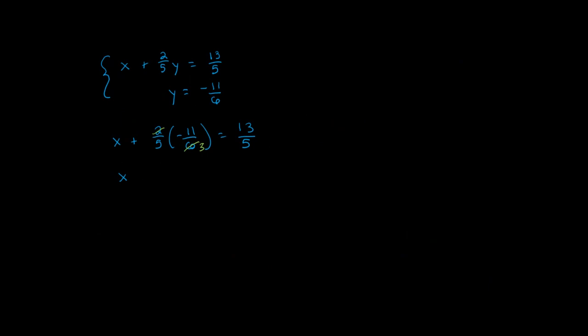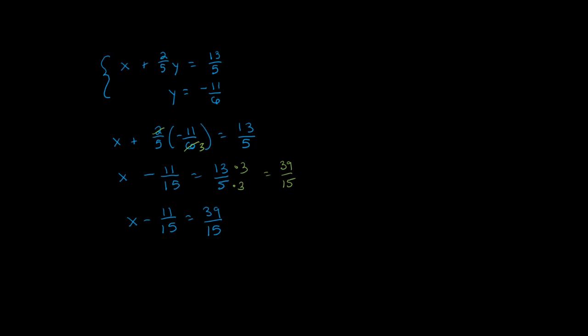And so that would be negative 11 over 15 equals 13 over 5. So if I need to get a common denominator, I need to multiply this one by 3, and then that would give me 39 over 15. So the right side is 39 over 15, so that is still equivalent. So I have x minus 11 over 15 equals 39 over 15.